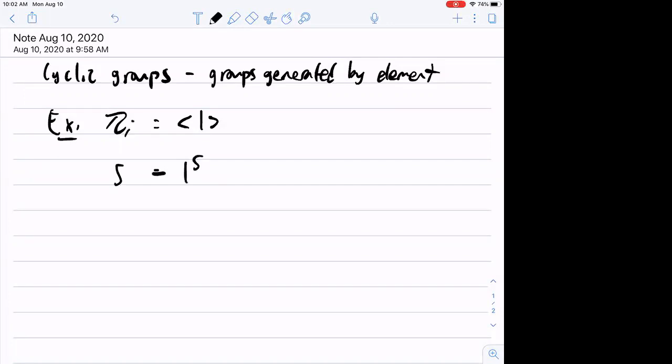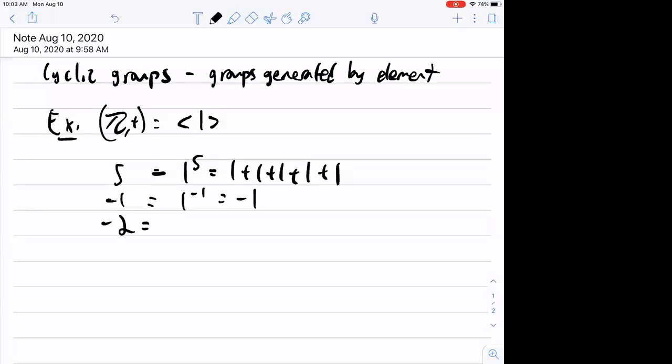Again, this is the integers under addition, because this is 1 plus 1 plus 1 plus 1 plus 1. And negative 1 is 1 inverse, because 1 plus negative 1 is 0. Now you can get negative 2.